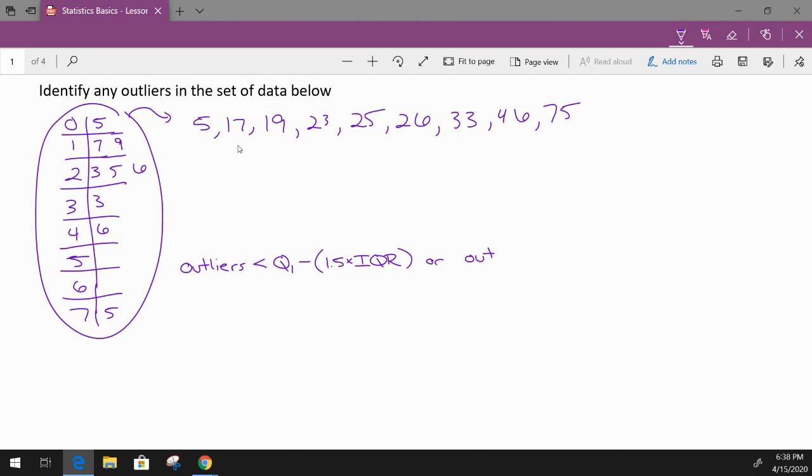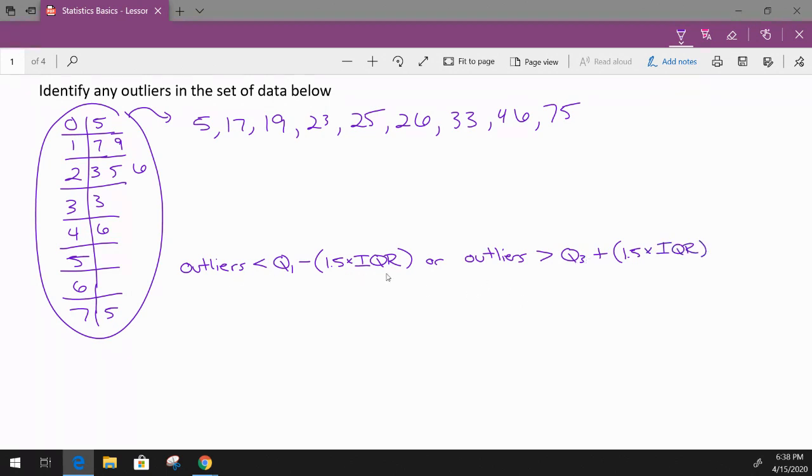So if you have numbers on the lower end, like maybe this 5 is an outlier, we're going to see if it fits this criteria. If you have outliers on the upper end, they have to be numbers that are greater than Q3 plus 1.5 times the interquartile range.